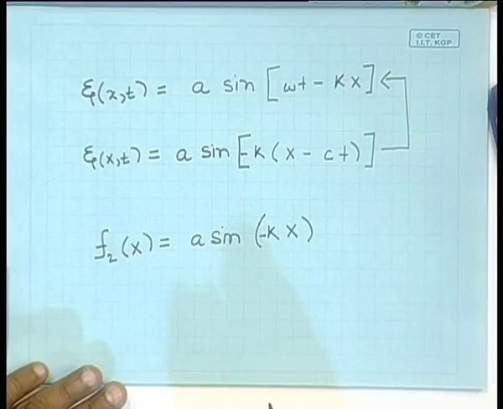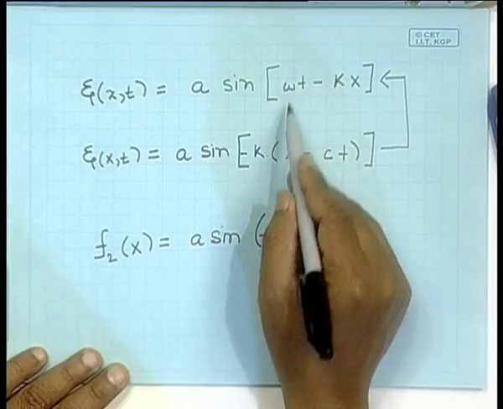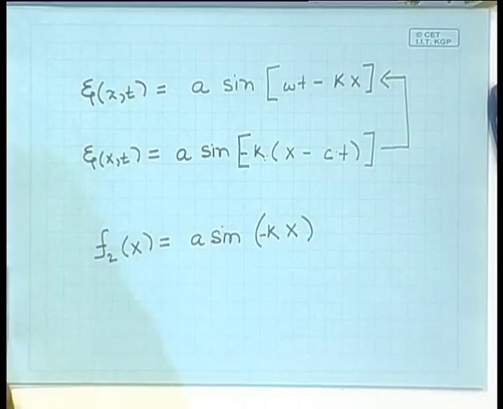This represents a propagating wave, and all that you have to do is identify ω, the angular frequency, with k times the speed c. So what we see is that the sinusoidal plane wave, which we have been discussing, is a particular example of a plane wave solution where the function is a sine, but you could have a much more general solution, and any arbitrary function, provided it is well behaved at infinity, need not vanish.